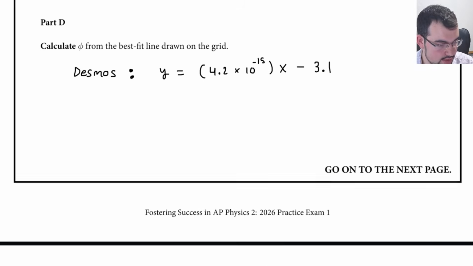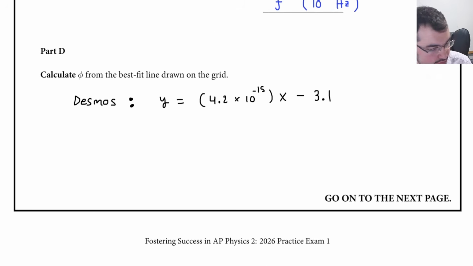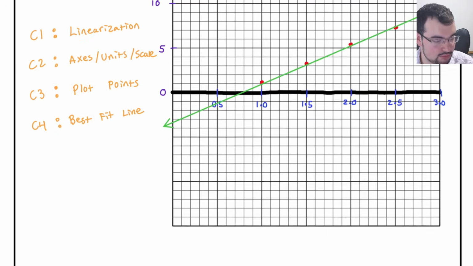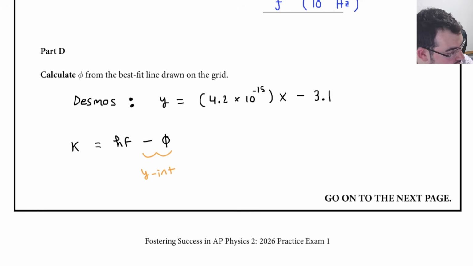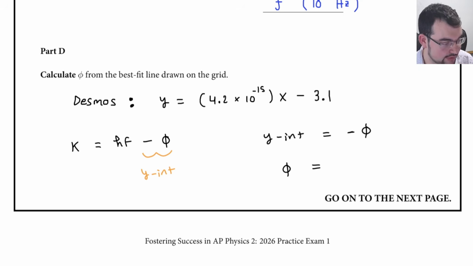Then for D, we just got to calculate the work function. Well, we said that from our linear model, K was equal to hf minus the work function. So we said that this object was the y-intercept. So the y-intercept is equal to the negative of the work function. So the work function is just going to be the negative of negative 3.1, so positive 3.1.